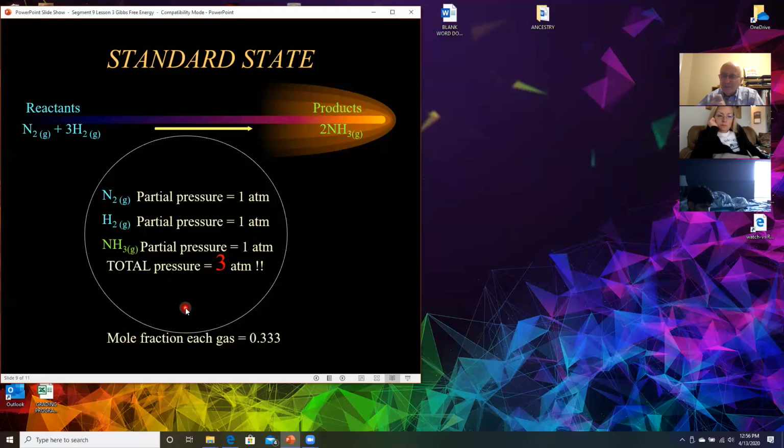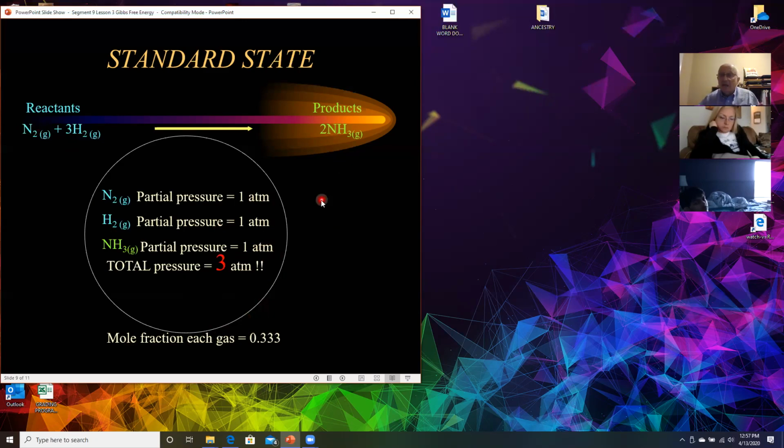Now, the other critical thing about that is by Raoult's law, we now have the concentration of everything that makes up the standard state. The mole fraction is the partial pressure over the total pressure. And so in this standard state, 1/3 of the moles in it is nitrogen, gaseous, diatomic. 1/3 of the moles is hydrogen, and 1/3 of the moles is ammonia.